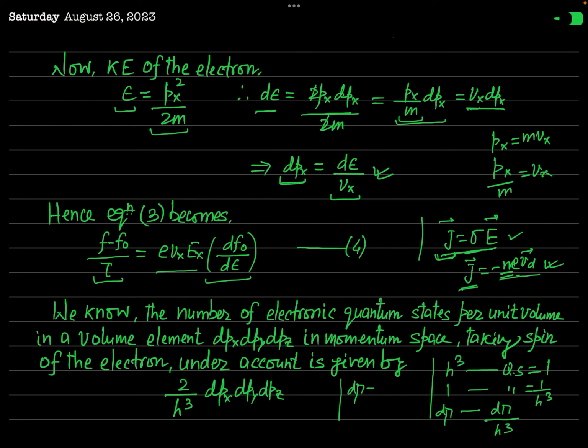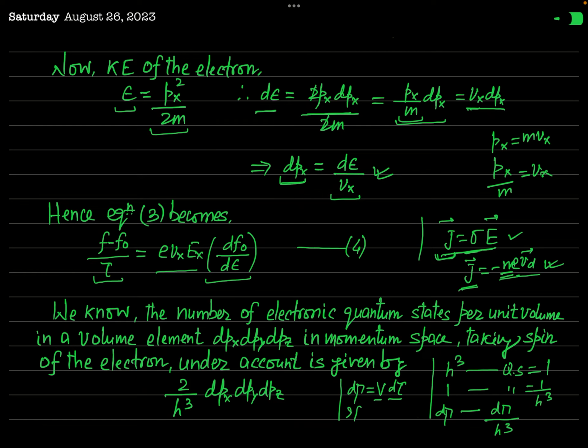But what is this d gamma? D gamma is the volume in phase space, and this is actually equal to the product of the volume in position space and in momentum space. So if V is the volume in position space and d tau is the volume in momentum space, then d gamma is V into d tau.